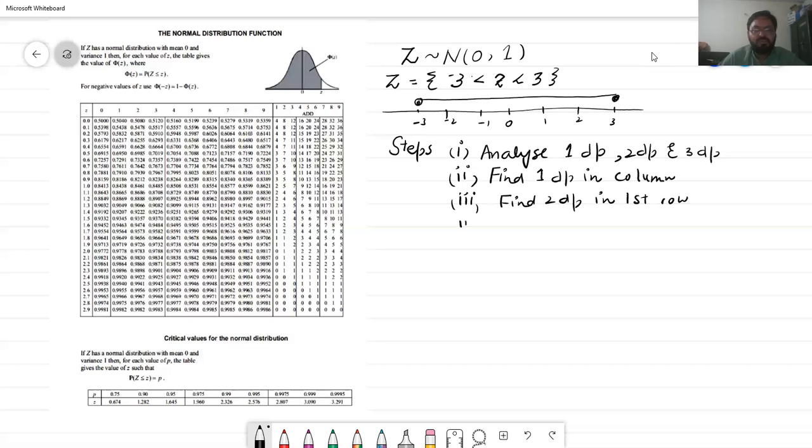The fourth step is to find the cross value. The fifth step is to find the third decimal place in the column of add.